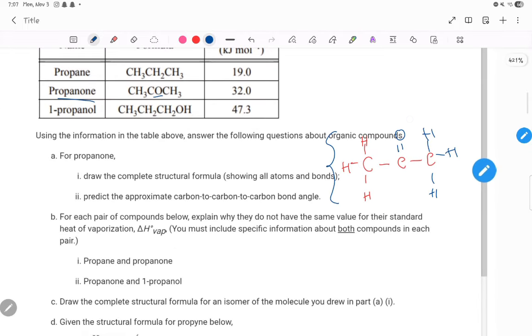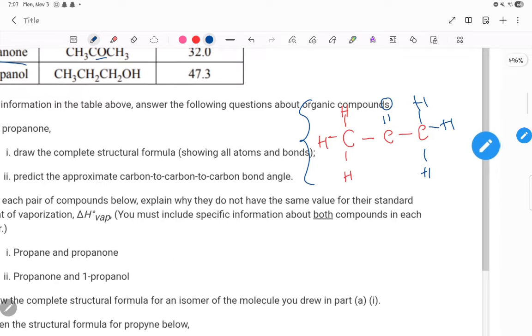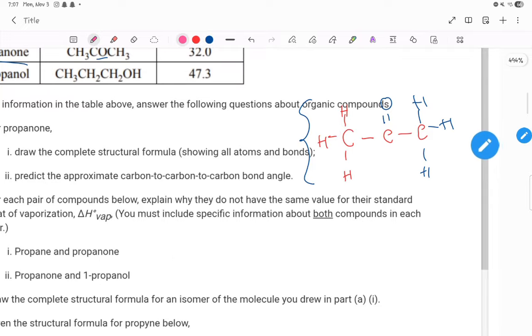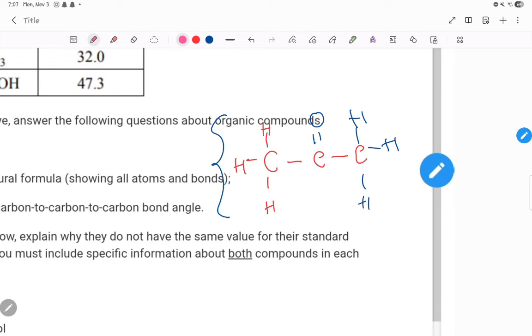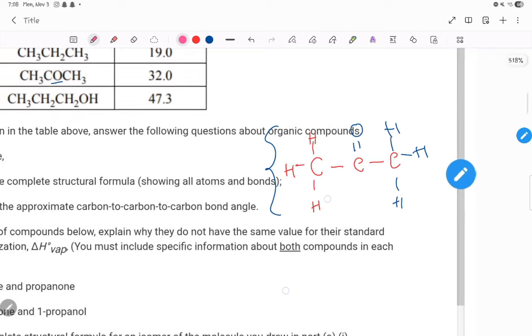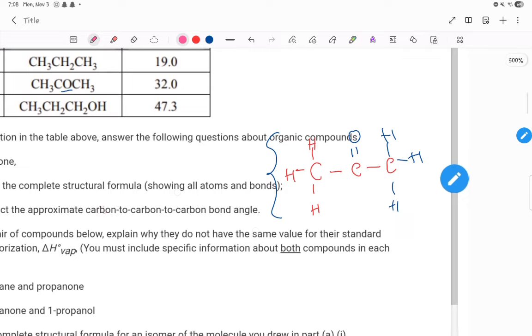Now they told us to predict the approximate carbon-to-carbon bond angle. So what do they mean by carbon-to-carbon bond angle? They mean very simple. They want one carbon that is attached to 2 carbons, because it's carbon-to-carbon-to-carbon. That means one carbon attached to 2 carbons. So it's definitely the central carbon.